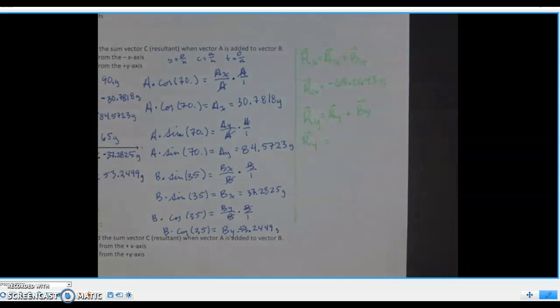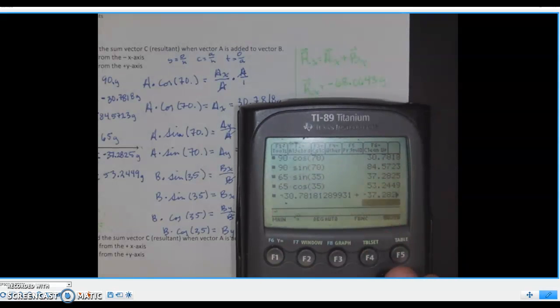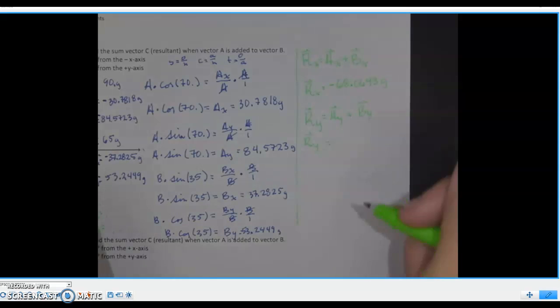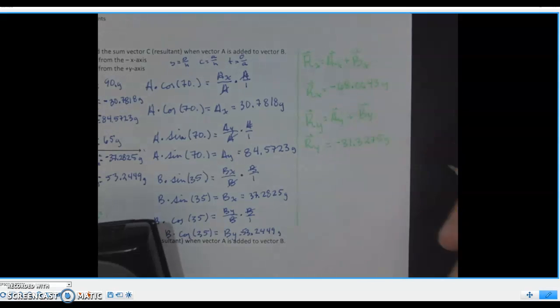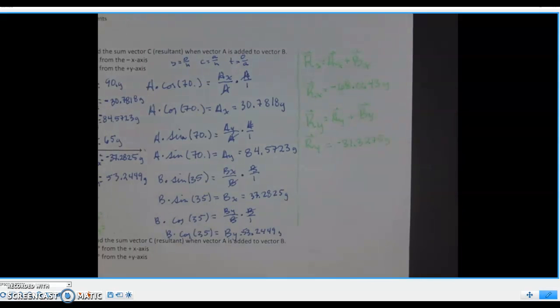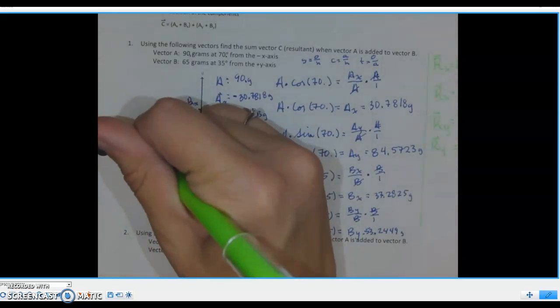So r sub y will be, a sub y was the negative 84 value plus b sub y, which is the positive 53. So overall we have a negative 31.3275 grams. And again, I think that's a good reflection of what we see here in our image.